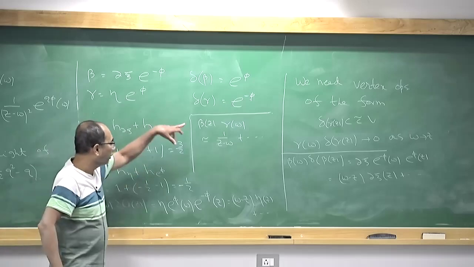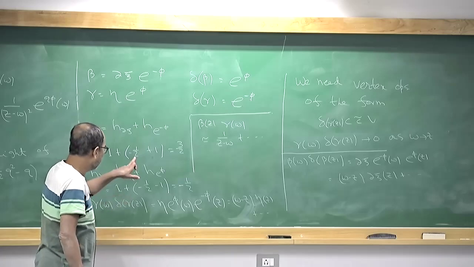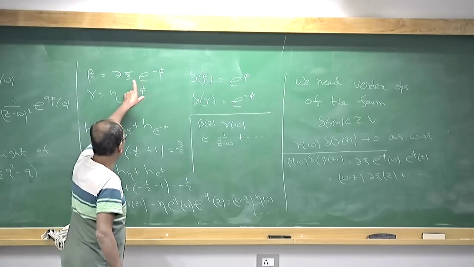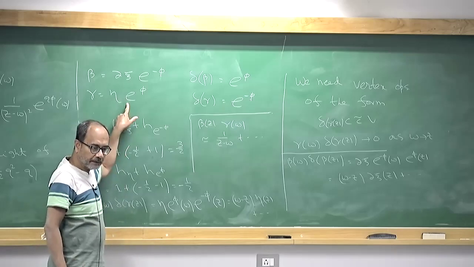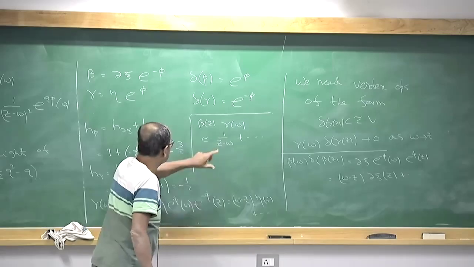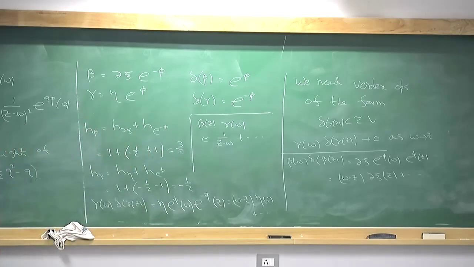So these are Grassmann odd, and that basically means that when you pass e to the minus phi through eta, it will become a minus sign. Once you take into account the minus sign, you will get exactly this. When you pass e to the phi through xi, you'll get an extra minus sign.